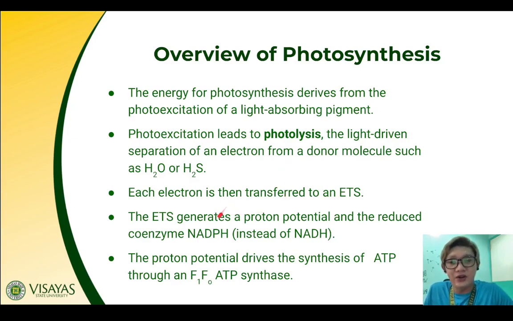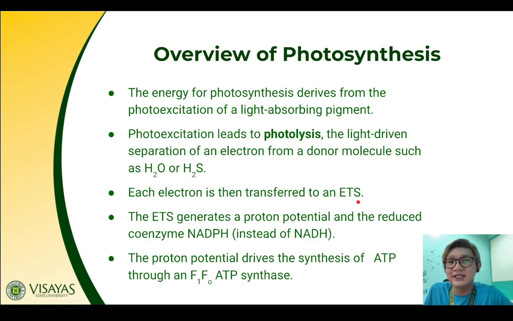Each electron is then transferred to an electron transport system. So you're maybe familiar with the electron transport system because we have already discussed this in a previous session on microbial respiration. We've said that there are three ways to generate ATP in a microbial cell. So it could be through substrate level phosphorylation, respiration linked phosphorylation, and photophosphorylation.